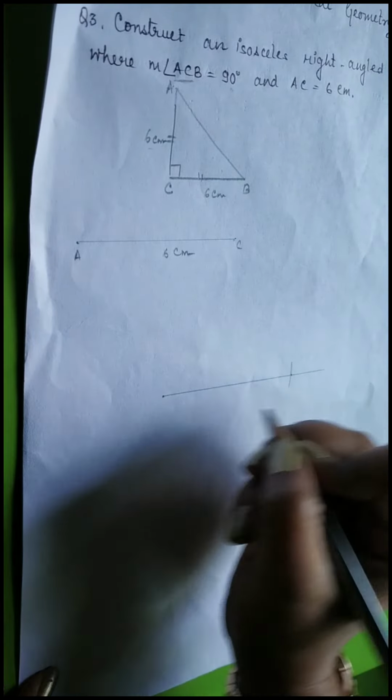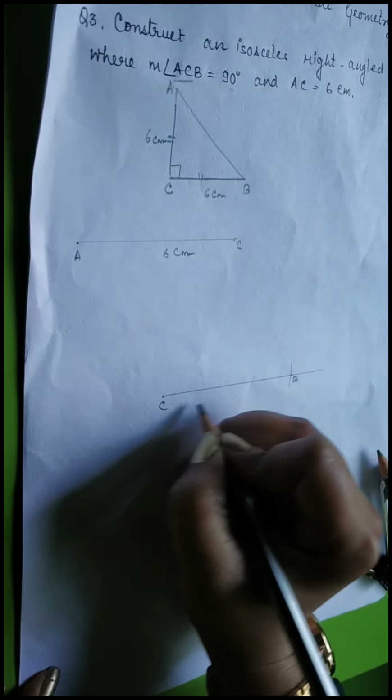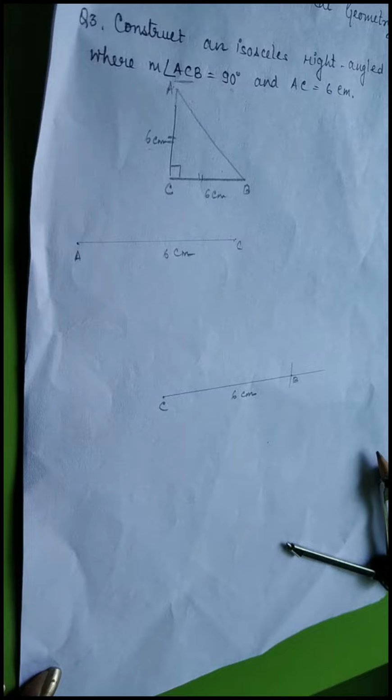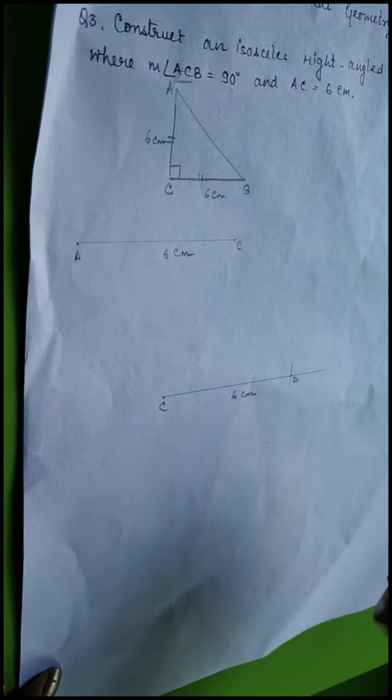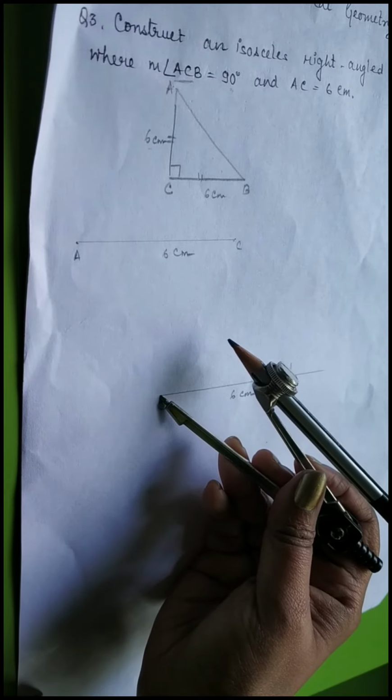So this is point C and this is point B, and the length of CB or BC is 6 centimeter.